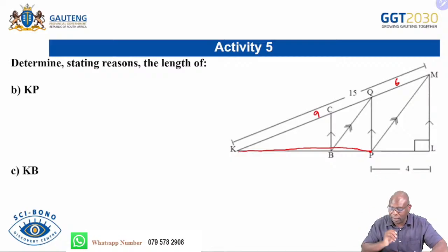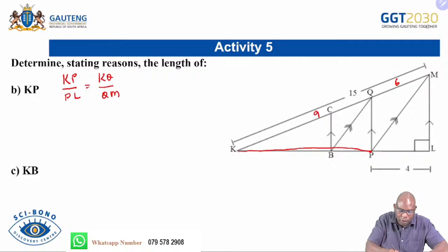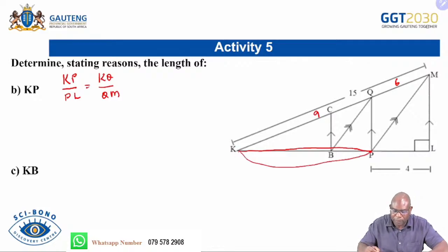So I need to write the proportion. How am I going to write my proportion? I'm going to say KP over PL. I'm going to show you that now on the sketch. It's equals to KQ all over QM. So let's check that. So we said the whole of KP all over PL.